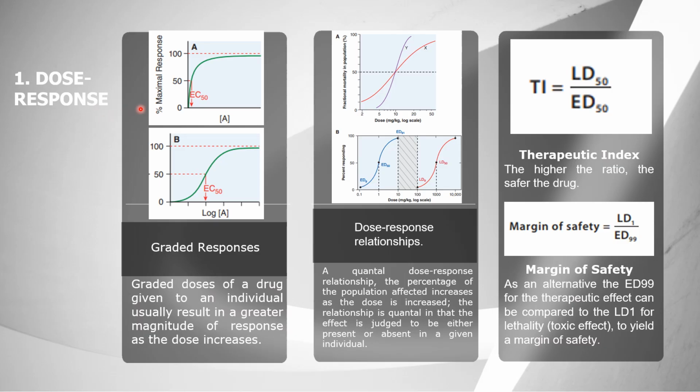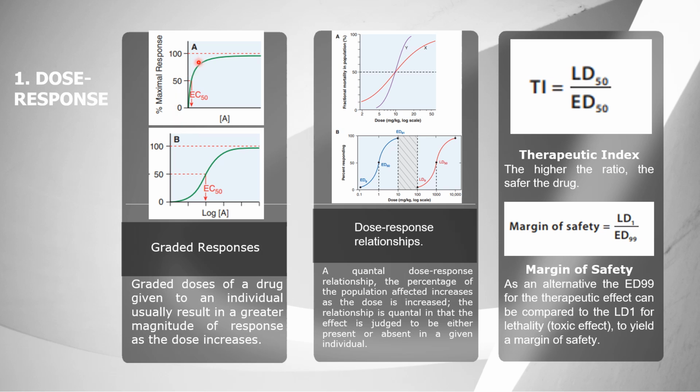Graded dose response, with the response on the y-axis, is expressed as the percentage of maximal response plotted as a function of the concentration of drug A at the receptor on the x-axis.